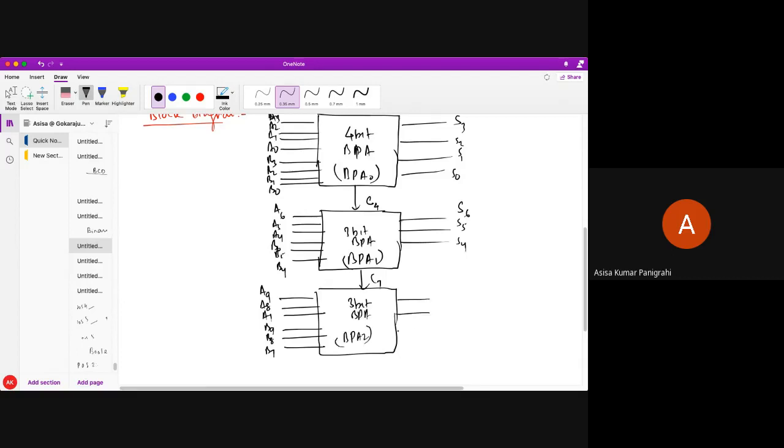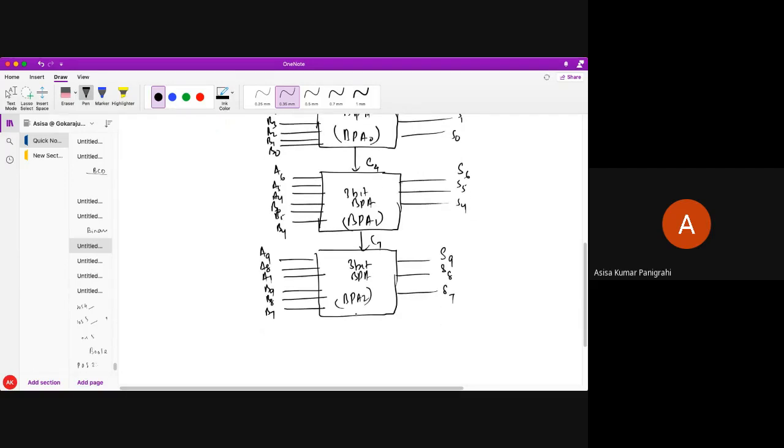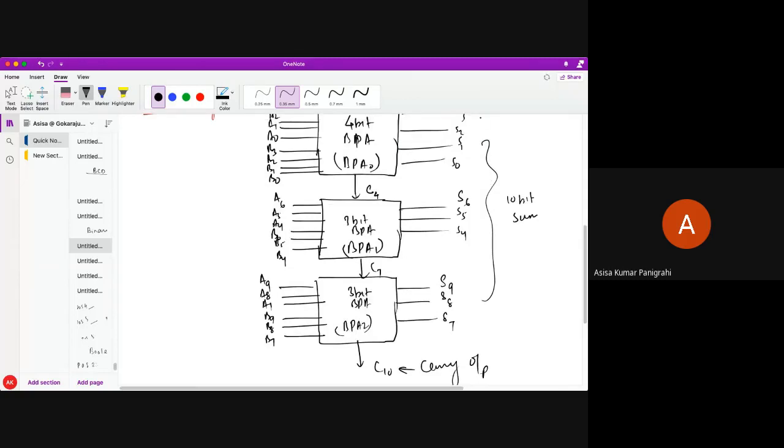Next, it generates 3-bit sum S9, S8, S7, and finally the carry output is generated from here as C10. So this is my carry output, and these are my 10-bit sum output.